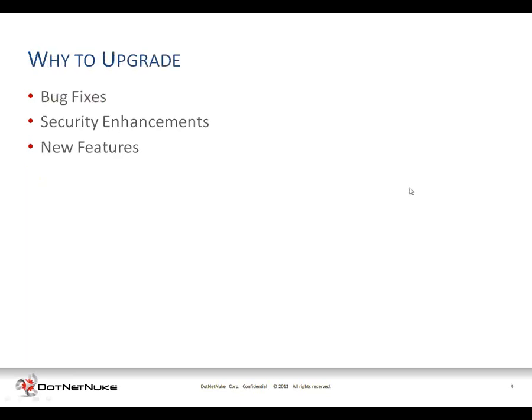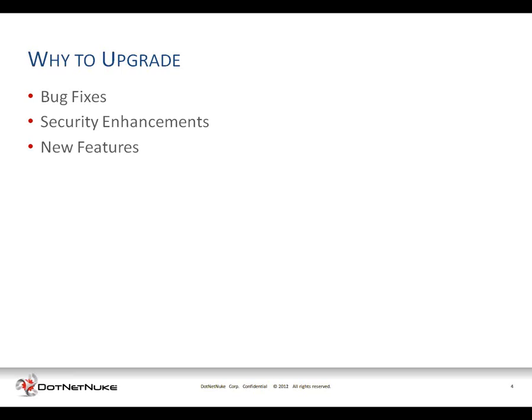So for now, we'll go ahead and jump right in and start talking about why you might upgrade within DotNetNuke. One of the benefits of the platform for DNN is there are new releases almost on a monthly basis, sometimes every other month. Those releases typically will contain bug fixes, so fixing any issues that are found within the platform, security enhancements if there are any security issues that are found and corrected, and oftentimes we'll also be adding new features.